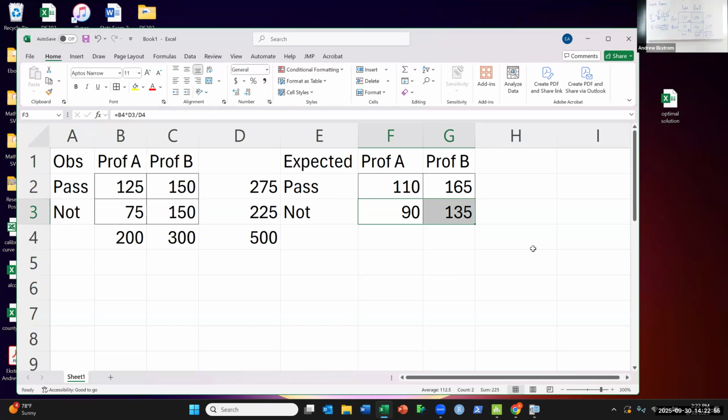I'm not going to worry about it. But now that we have all of this, if I call these E1, E2, E3, and E4, we can start looking at the chi-squared value.